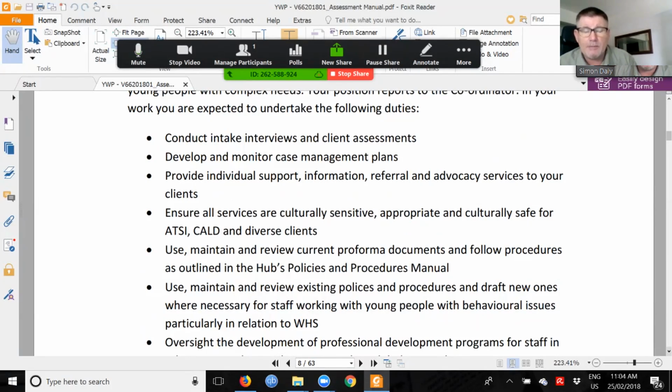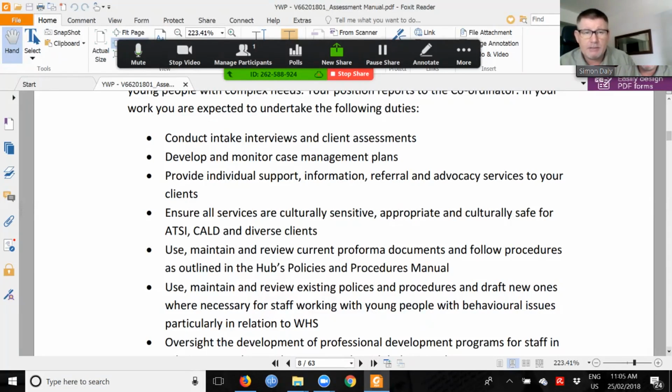I don't know why that's doubled up. Use, maintain, and review current pro forma documents and follow procedures outlined in the Hub's Policy and Procedures Manual. Use, maintain, and review existing policies and procedures and draft new ones, particularly in relation to workplace health and safety, where necessary for staff working with young people with behavioural issues.